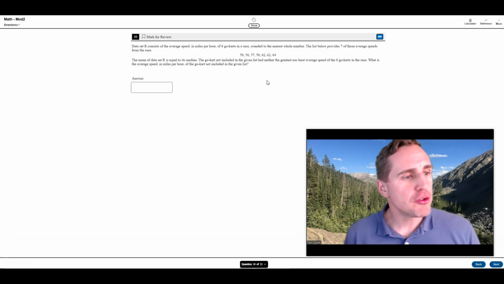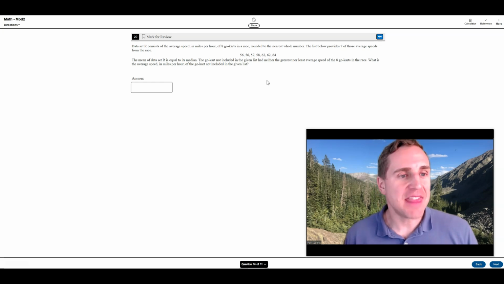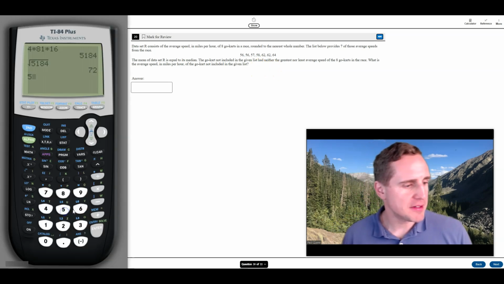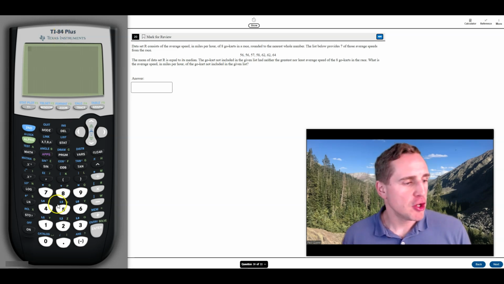Yes. We also know that the mean is equal to the median. So if I add up all these numbers plus the x, that divided by 8 equals the median. So let's do that. 56, 56, 57, okay. By the way, if you have a TI-84 Plus, you can just add them. But there's also a way to put the data in a list, which I will show you if I have time.